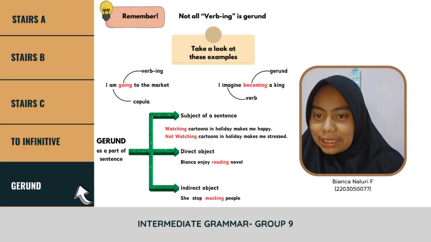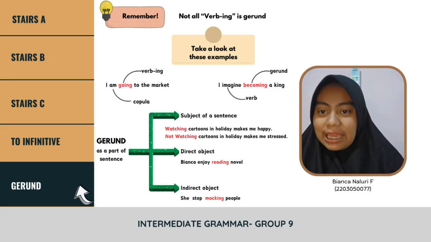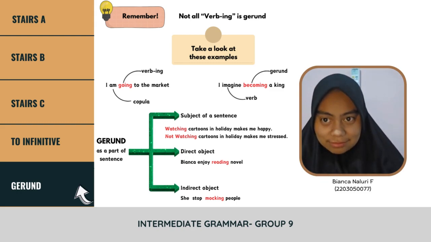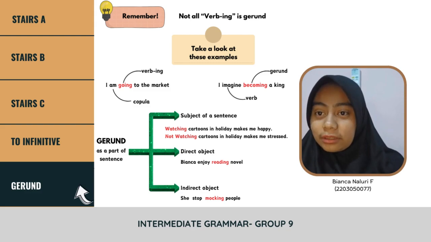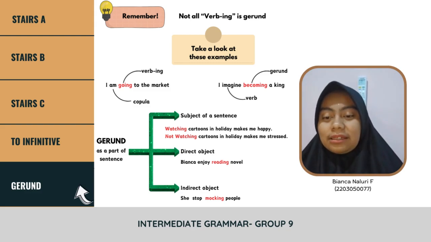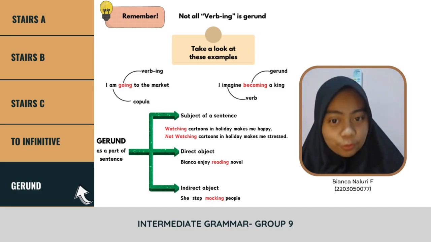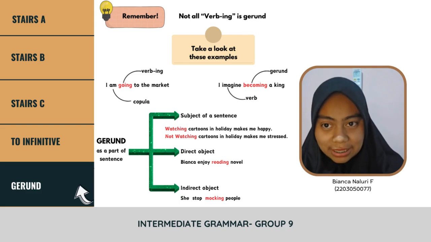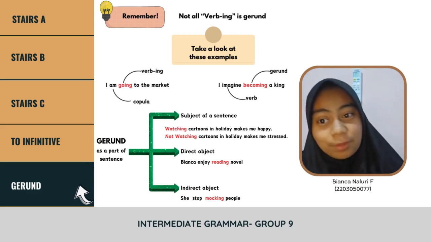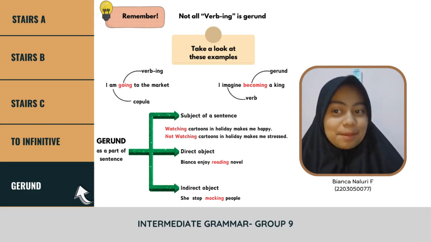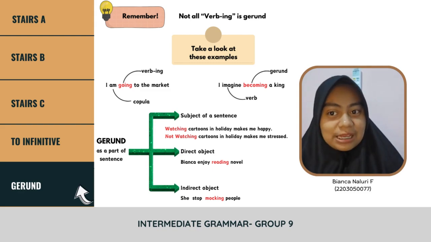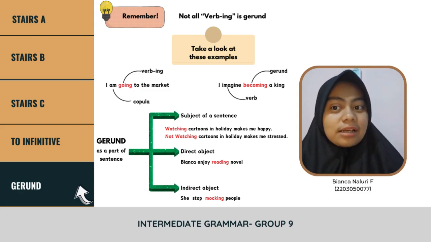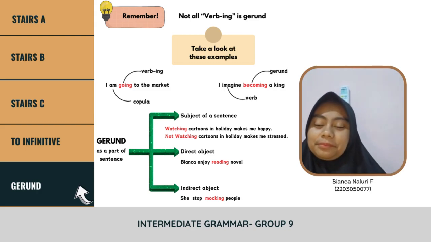So imagine is a verb, and then we have the verb-ing becoming. If you still remember the previous slide, a gerund could be followed by other verbs or by a preposition. So becoming here is a gerund because it's preceded by the verb imagine. So in imagine becoming a king, the verb-ing here is a gerund.